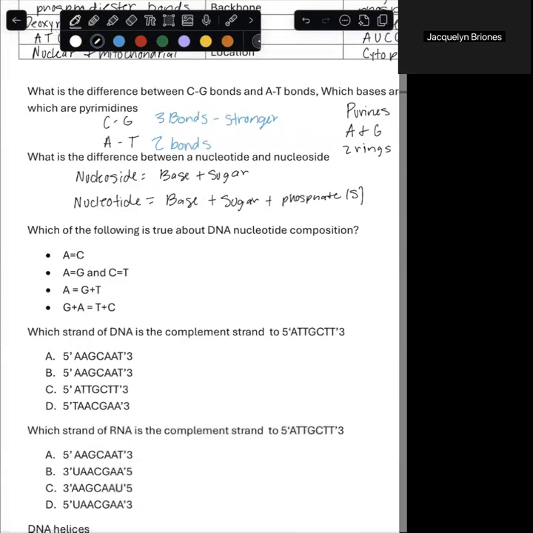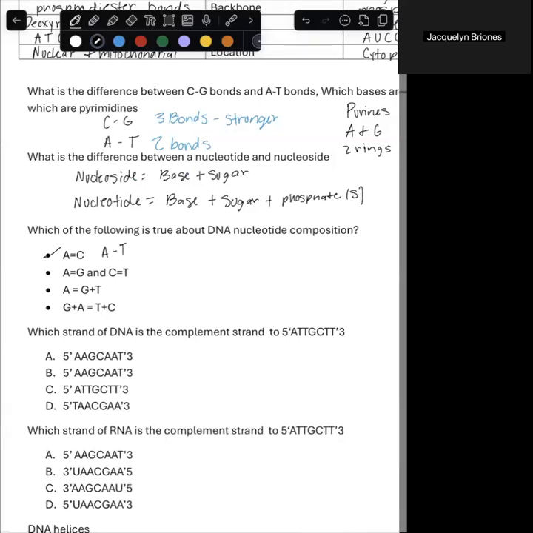Which of the following is true about DNA nucleotide composition? A's equals T's. No, because A binds to T. C equals G and C. Yeah, no, I said that wrong.